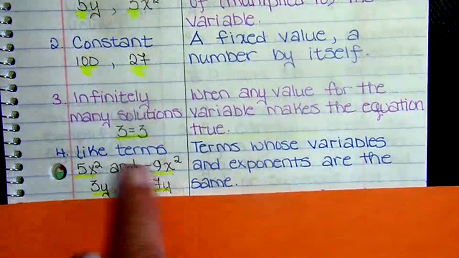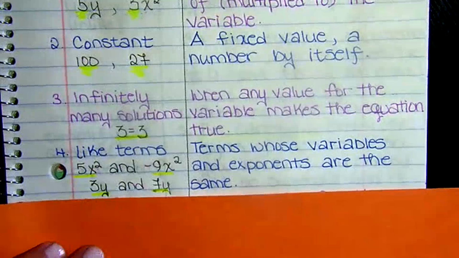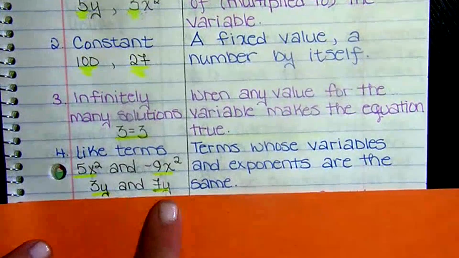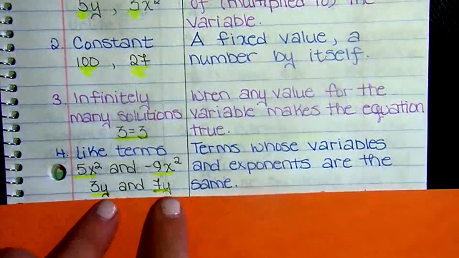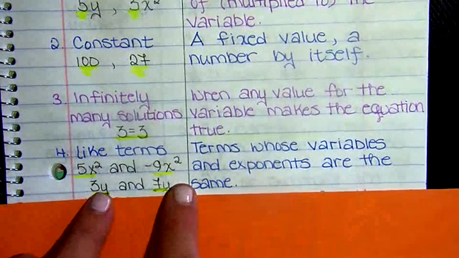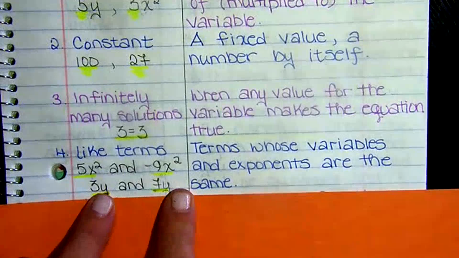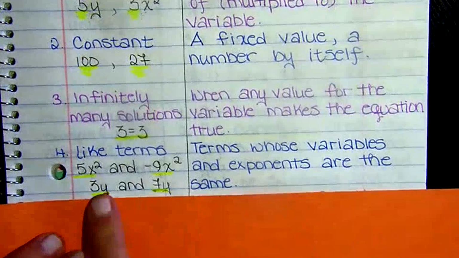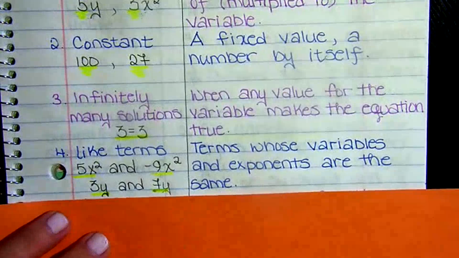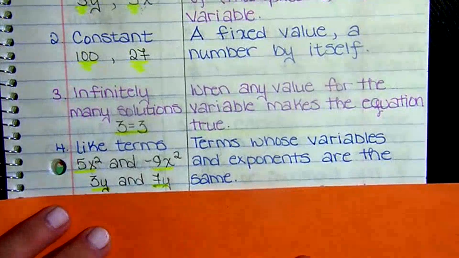If I was going to combine these like terms, I would get negative 4x squared. Down here, 3y and 7y have matching y's, so the variables match, and they have matching exponents, which here is an invisible 1. And so 3y and 7y, if I were to combine those, I would have 10y's.